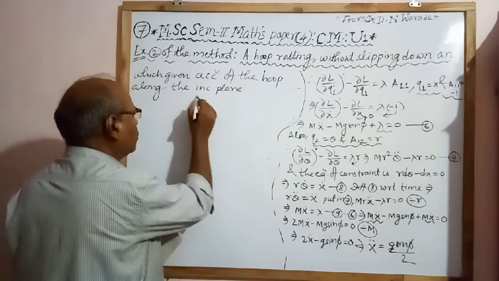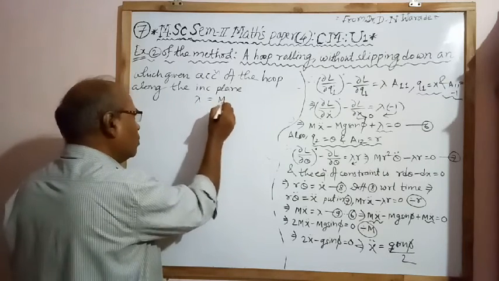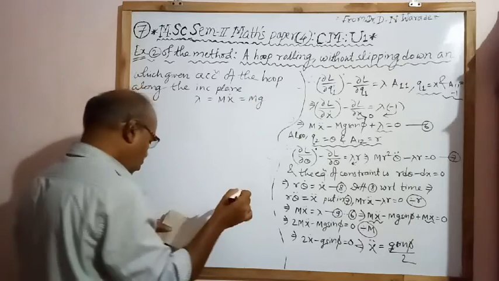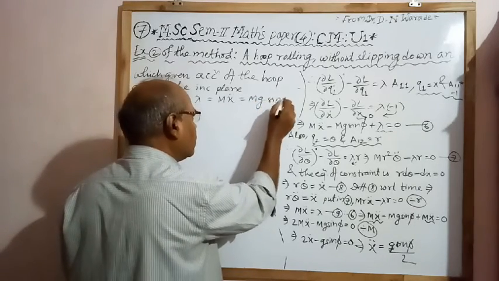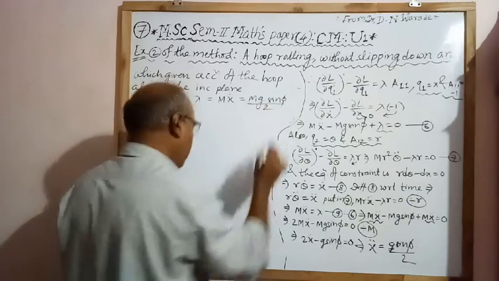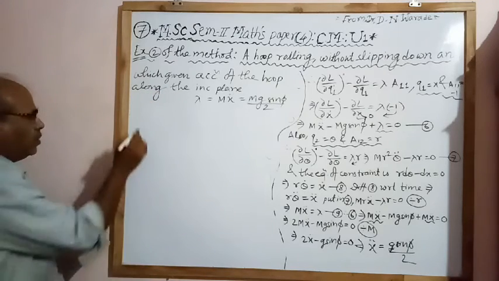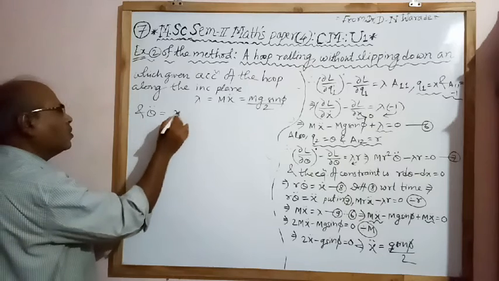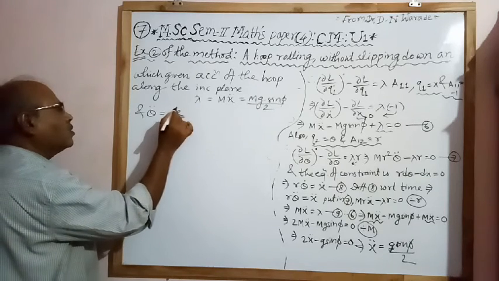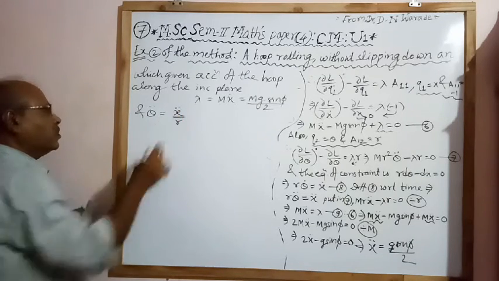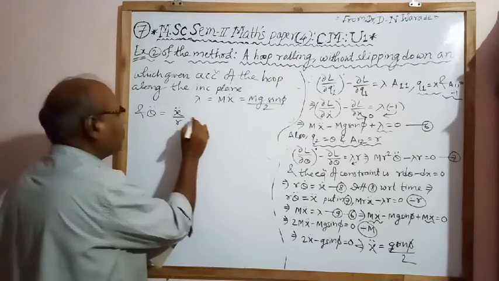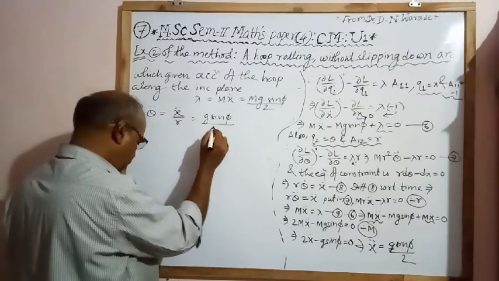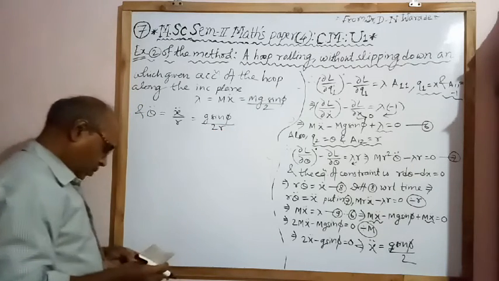Along with this, lambda equal to m x double dot, that is, putting the value of x double dot, mg sin phi divided by 2. And the value of theta double dot equal to x double dot divided by r. Putting the value of x double dot, we have g sin phi divided by 2r.